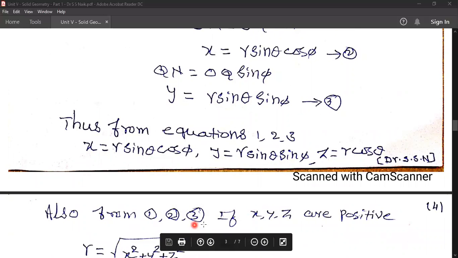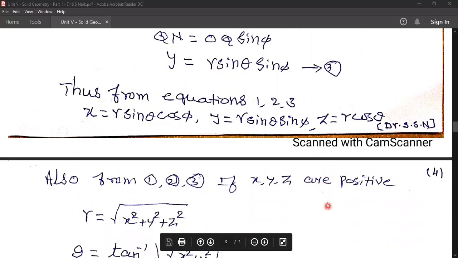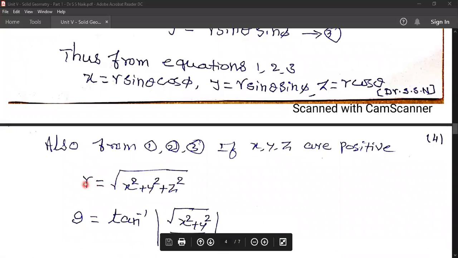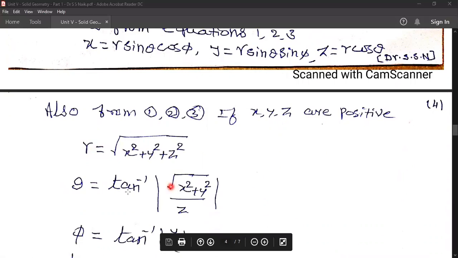Also, from equations 1 to 3, x, y, z are positive. By making use of the above three relations, we can show that r is equal to the square root of x square plus y square plus z square. Then theta is equal to tan inverse of square root of x square plus y square divided by z.